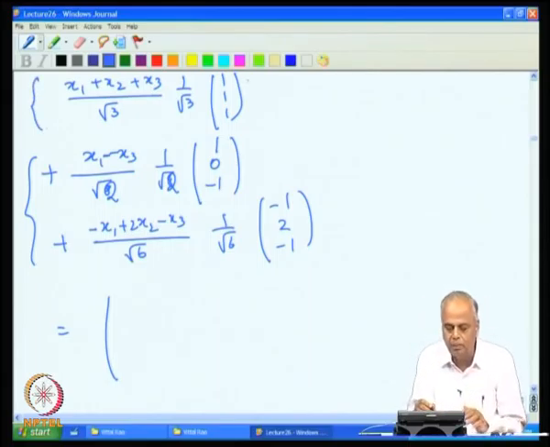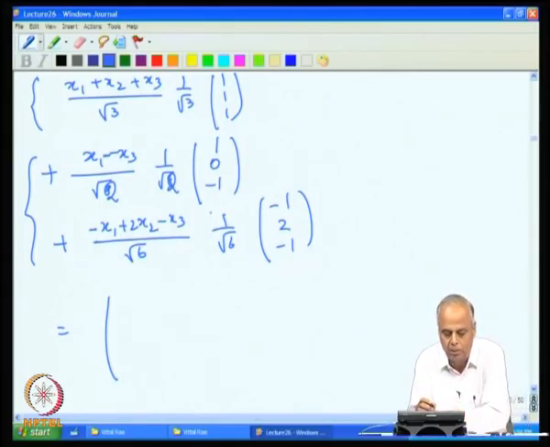If we simplify this, I will write this part separately and this part separately, because the first part belongs to W and the other part belongs to W perp.